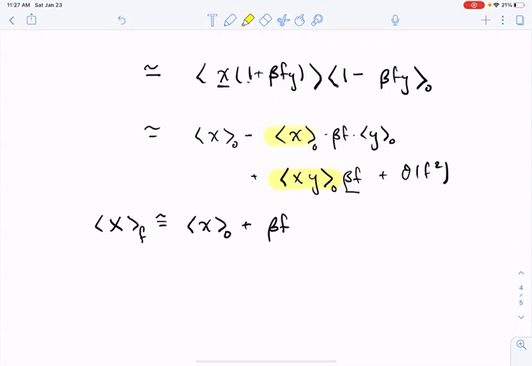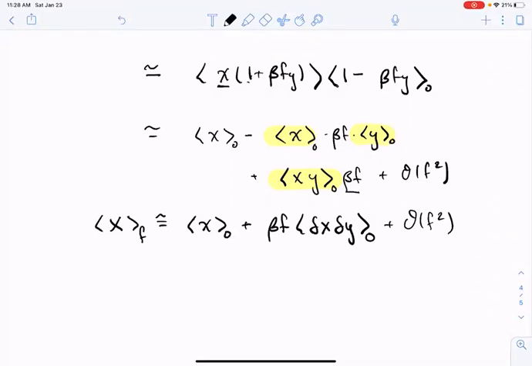This is x averaged times y averaged. That then is the covariance, delta x times delta y, averaged in that reference ensemble. And this is good up to order f squared.